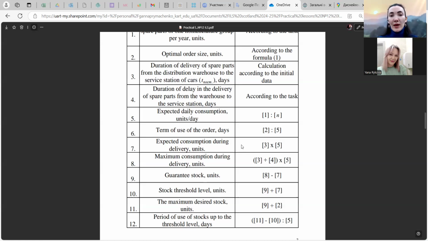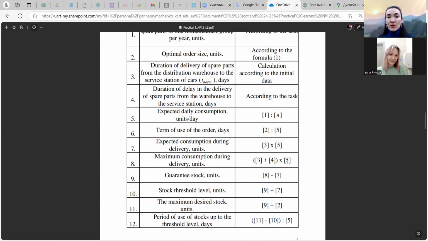Okay, point number 8, the next. It is maximum consumption during delivery. Also the result is in units, and we need to find the sum, adding point 3 and 4, which we already find in days. And this sum is multiplied by the result of 5.